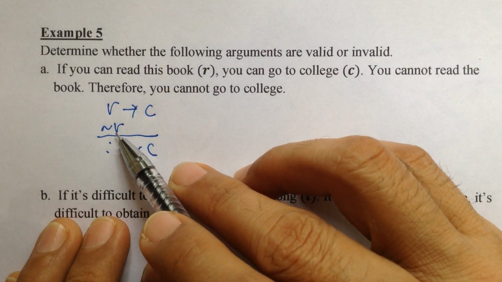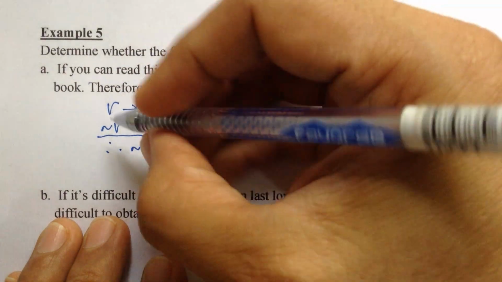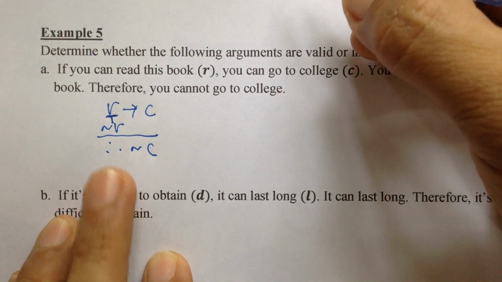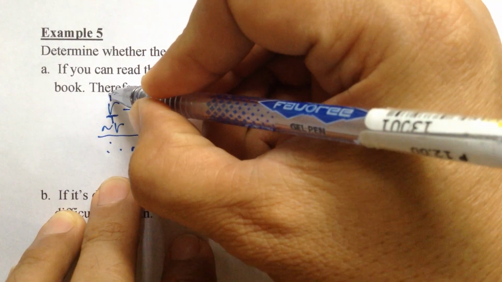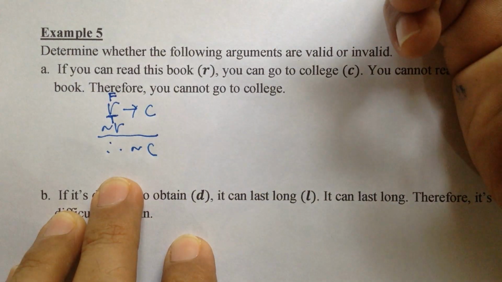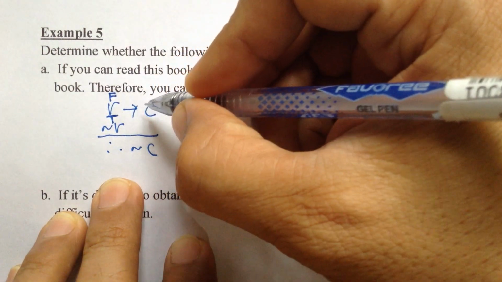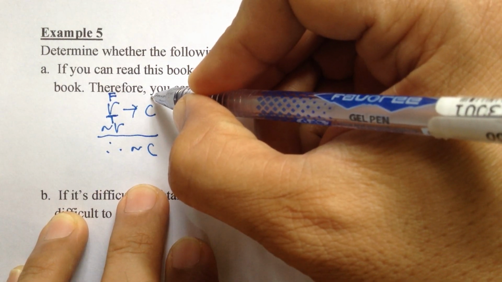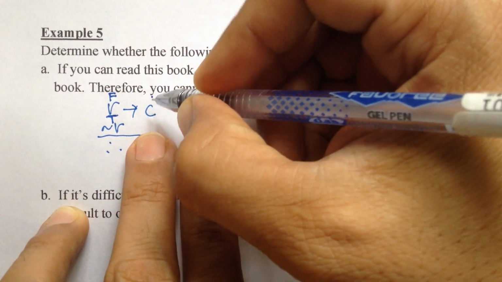Again, we start with the second premise, negation of R. Being a premise, this must be true, right? If this is true, then that means that your R is false, right? Now, if your R is false, is it necessary for C to be true, or is it okay also for C to be false?